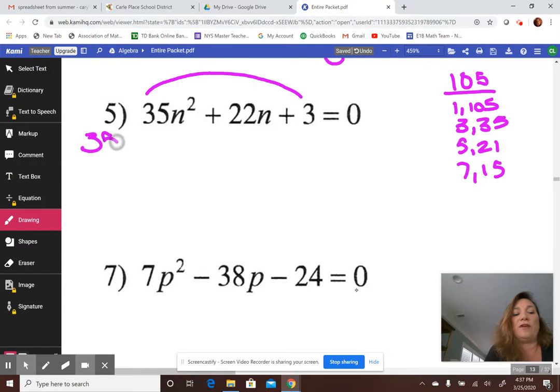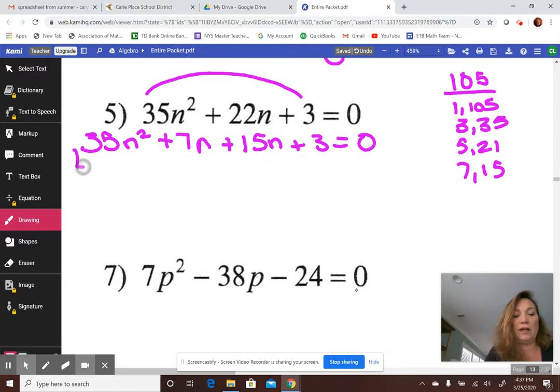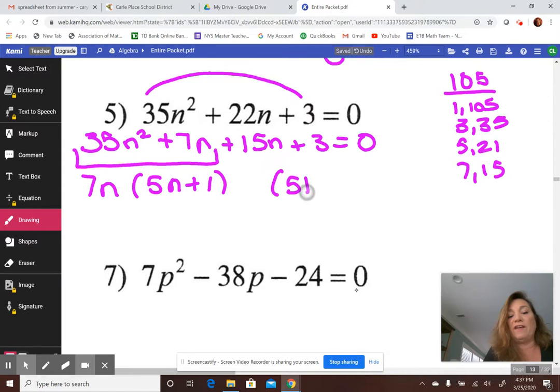So I have 35n squared plus 7n plus 15n plus 3 equals 0. I'm going to pull out the GCF of the front, which is 7n. That leaves me 5n plus 1. Remember, I'm using the 5n plus 1 because that also helps me a great deal with getting the right sign.